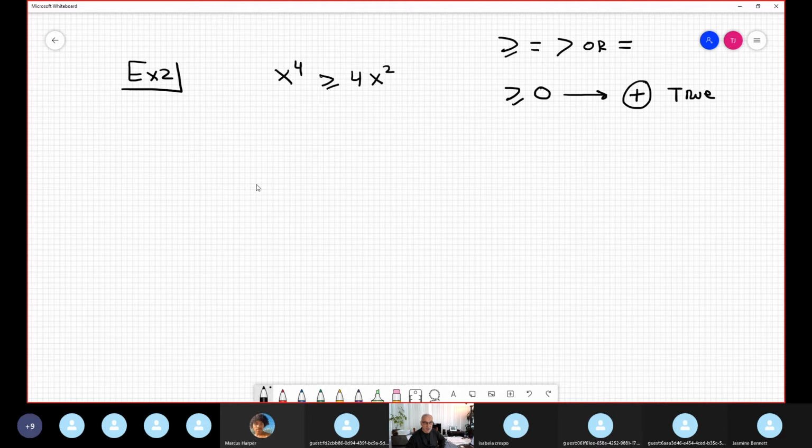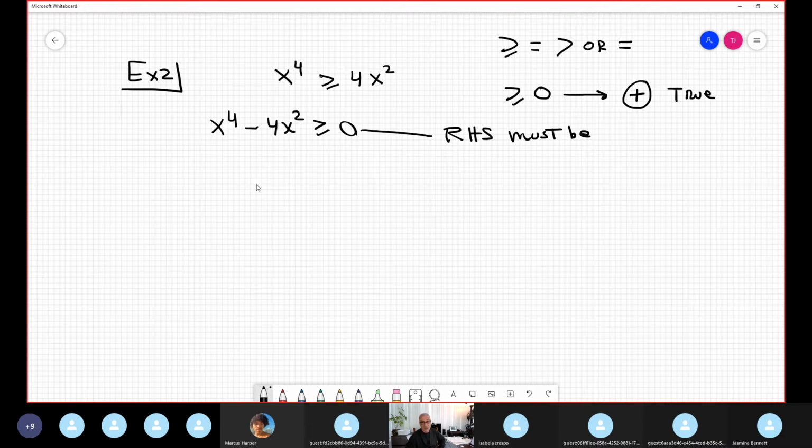You bring this guy, x to the 4th power minus 4x to the 2nd power, greater than or equal to 0. Right-hand side must be 0. Maybe you say, this example is elementary, professor. Yes, this example is elementary, but you forget.